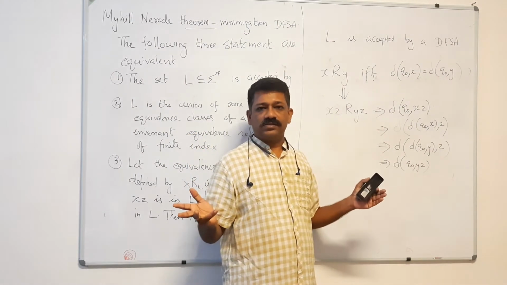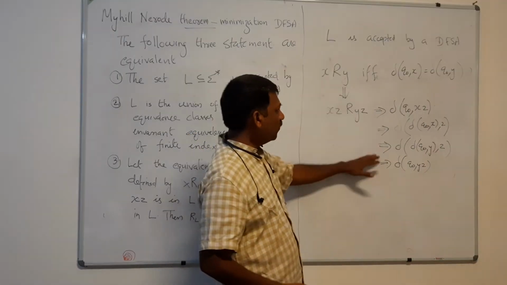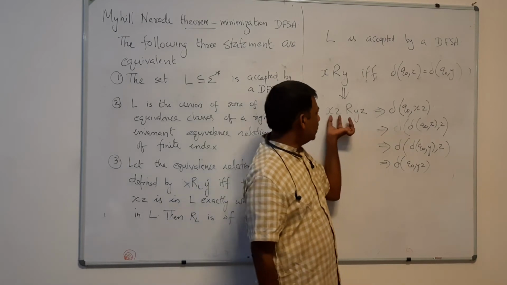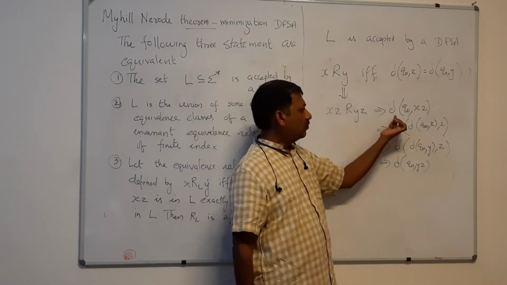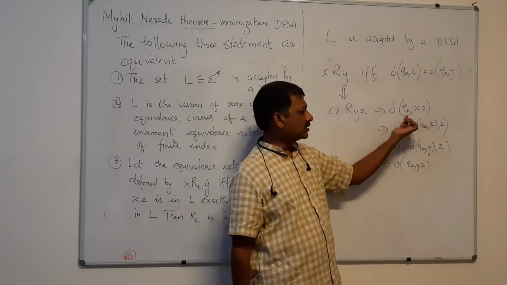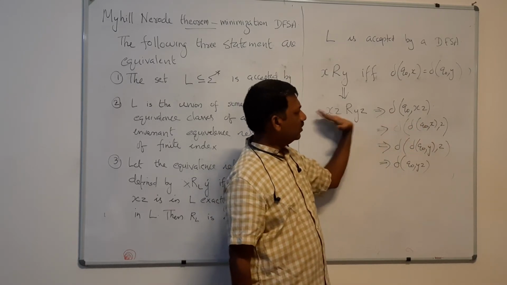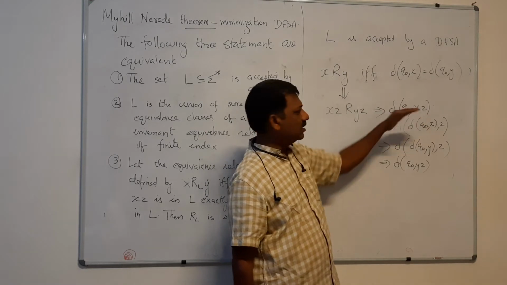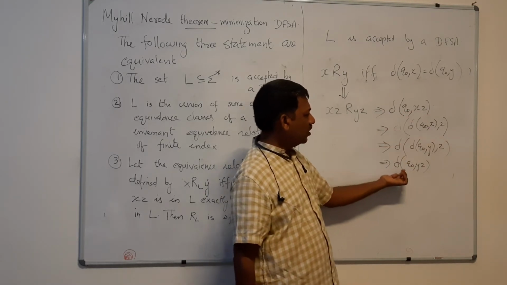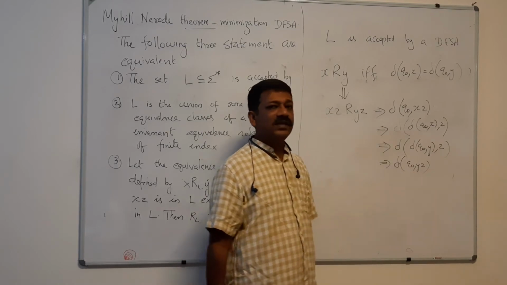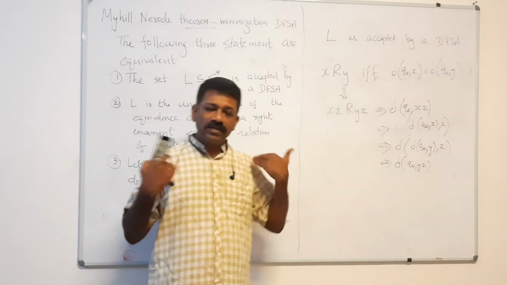That is common sense. Now the proof is like this. If x is related to y, then we have to prove that delta of q0 comma xz is equal to delta of q0 comma yz.